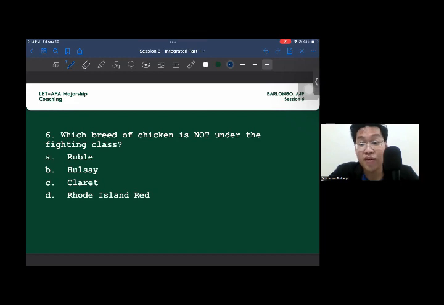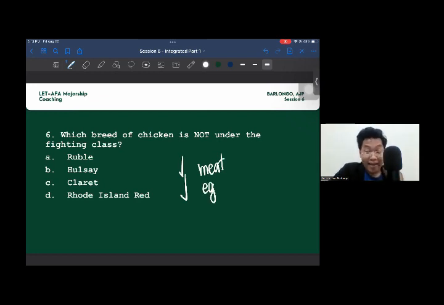So we have different breeds that are grown for meat. We have breeds that are grown for eggs. We also have breeds of chicken that are dual in purpose.